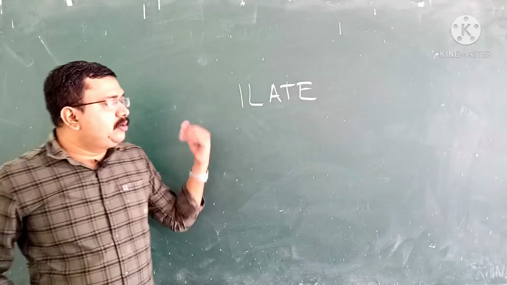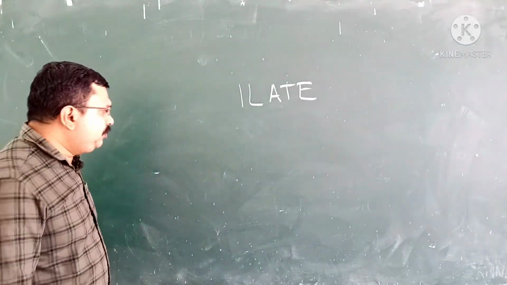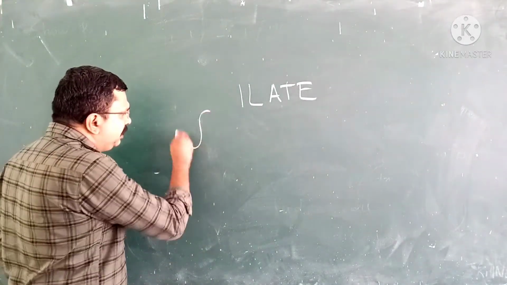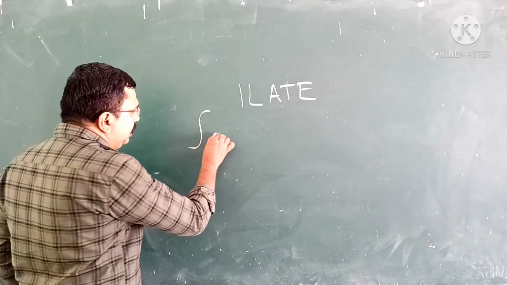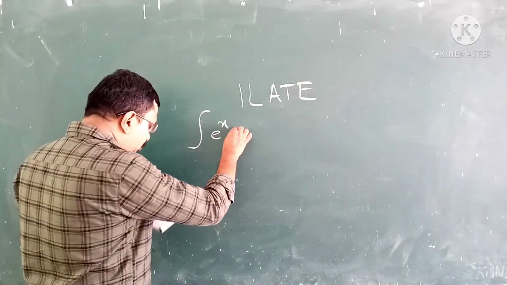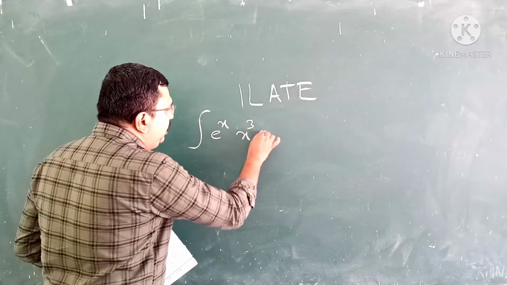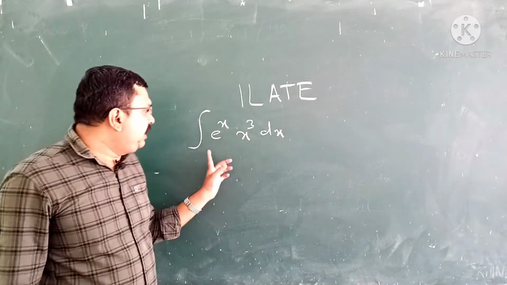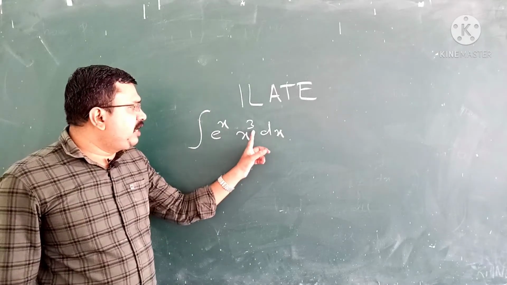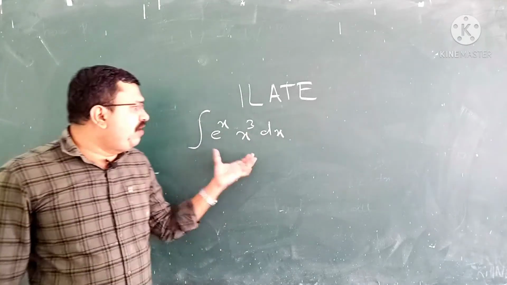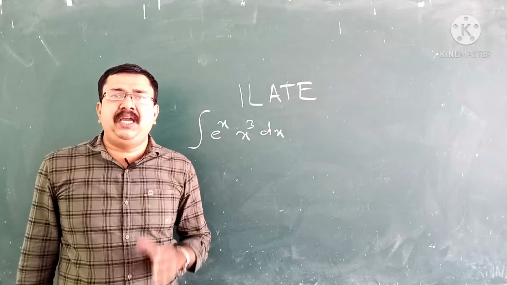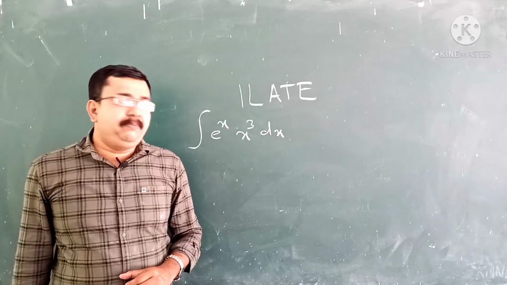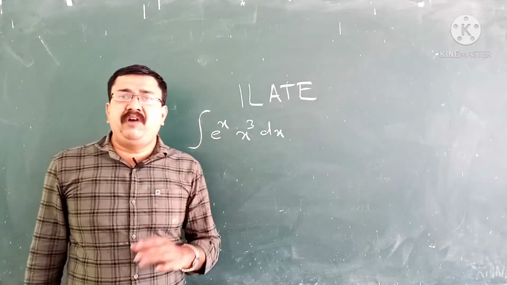For example, if we want to find the integral of e raised to x into x cubed dx, which one do we take as the first function? That means what is u and what is v.